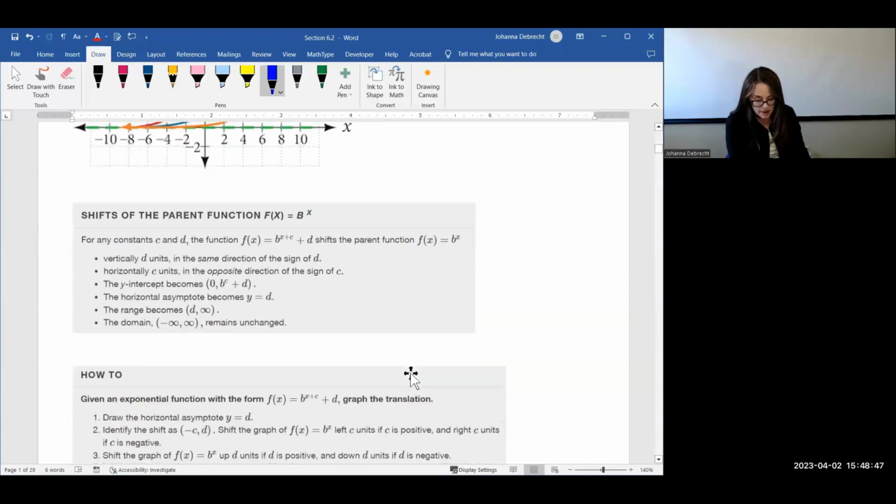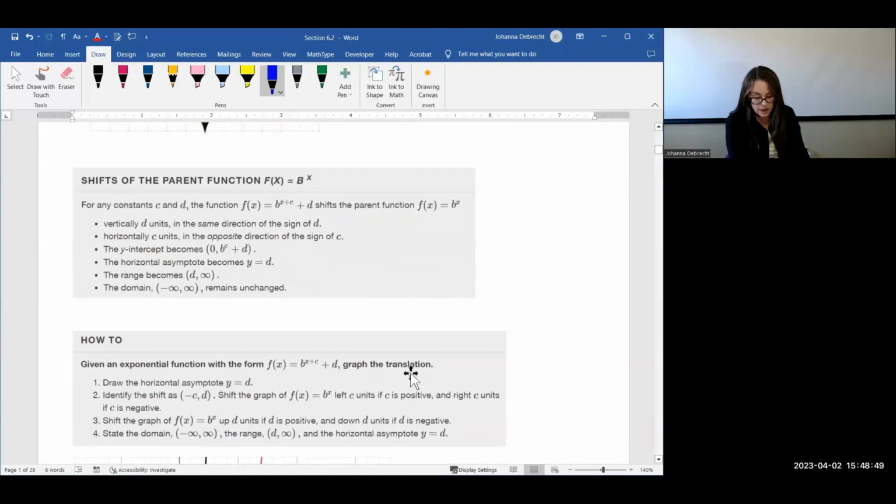Now we want to talk about shifts of a parent function. If we take constants c and d and we apply them to affect y, which is outside the exponential, plus a value or minus a value, and then another value to affect x, so it's going to be inside the exponential, which is going to shift it left or right, then we can write down what the effect of these are all in one equation.